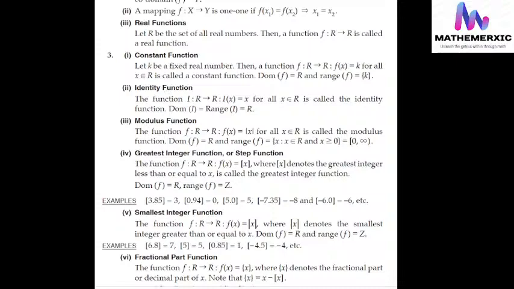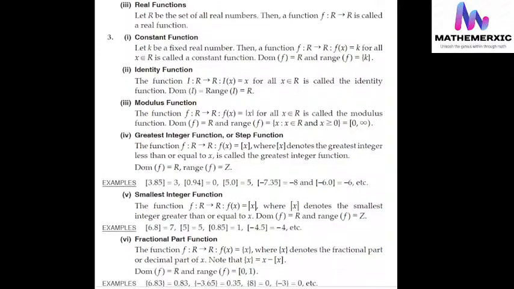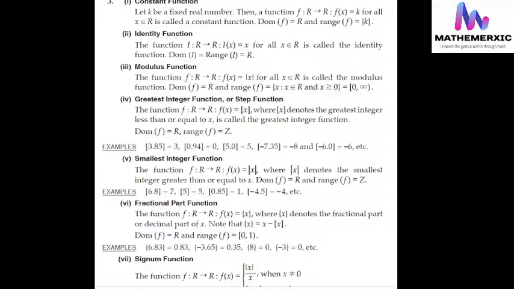The greatest integer less than or equal to x is called the greatest integer function. Domain of f is R and range of f is Z.